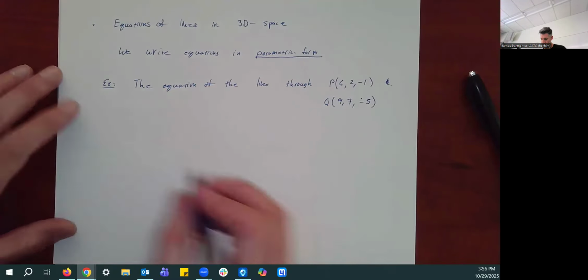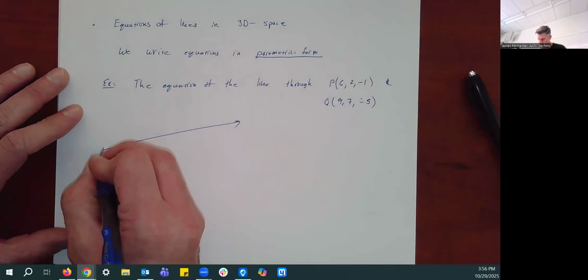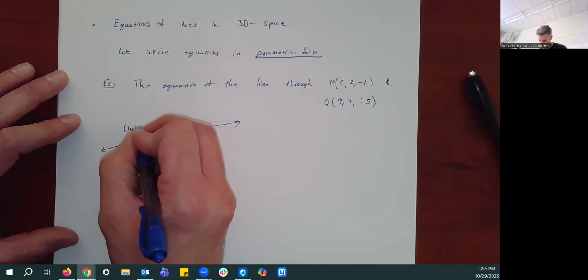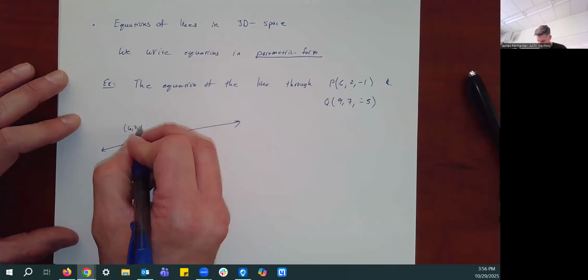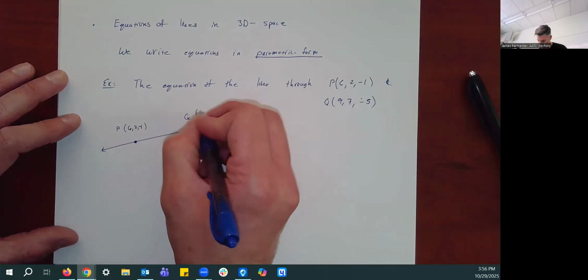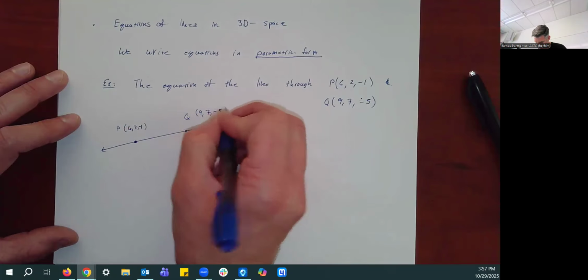All right, so here's the idea. Here's my line. And here's the point P, 6, 2, -1, sorry. And here's my point Q, 9, 7, -5.